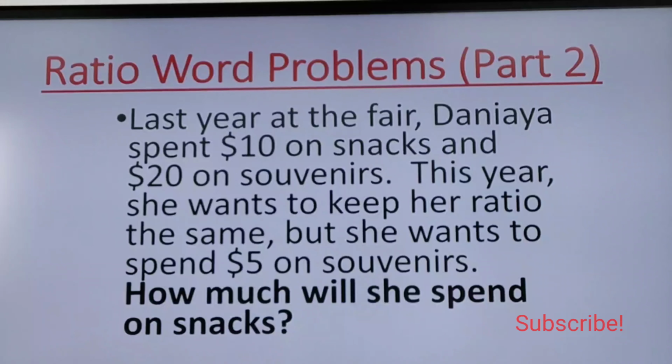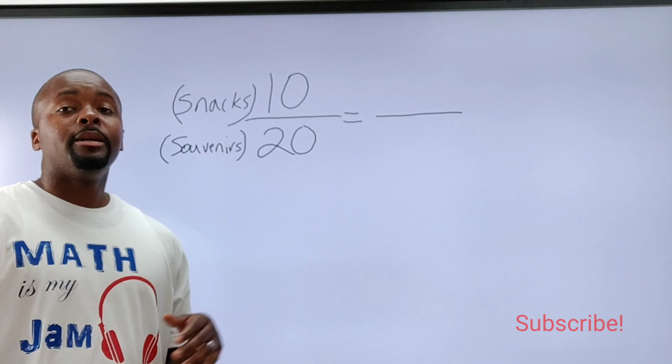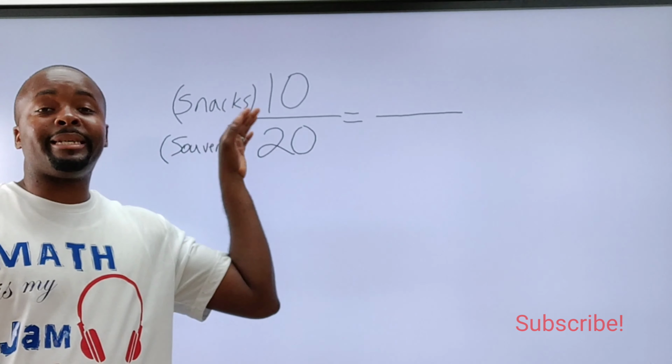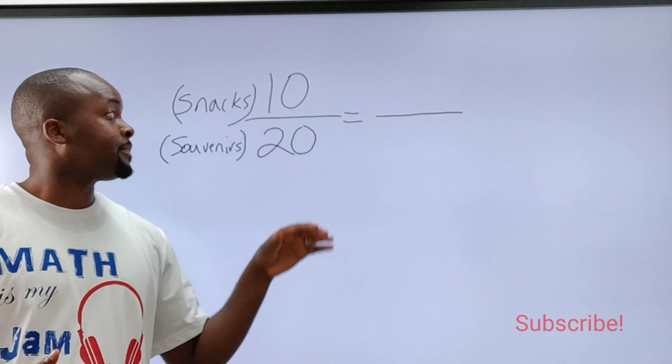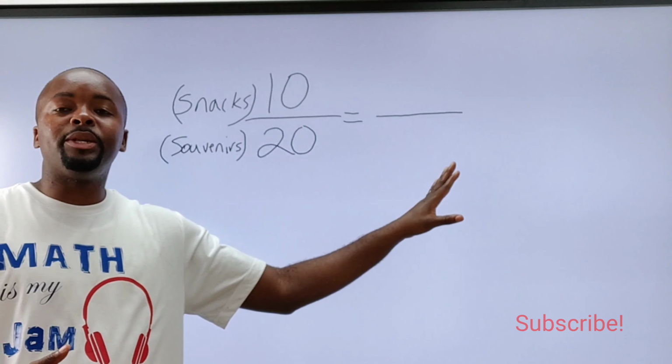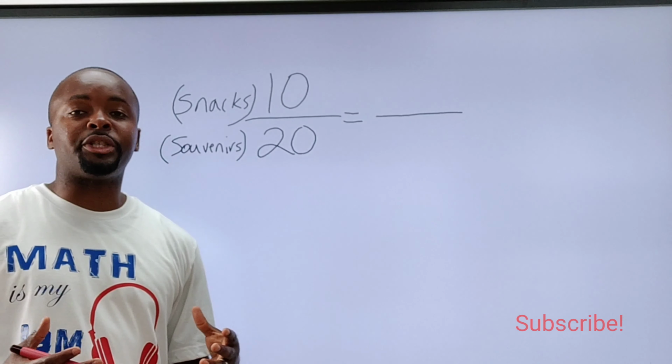And then definitely, you want to put a box around how much will she spend on snacks, because we're going to always go back to that part of the question to make sure that we've answered the question completely. Okay, so the problem says she spent $10 on snacks last year and $20 on souvenirs. The same way we've been doing, guys, we're going to set up a proportion.